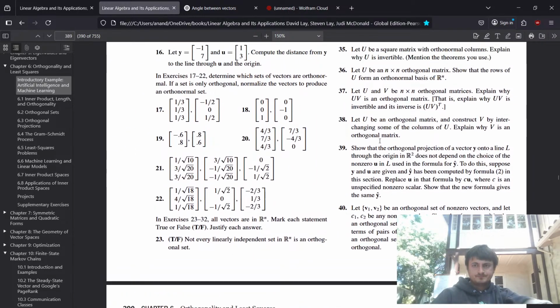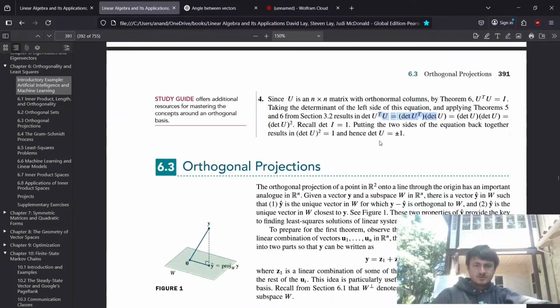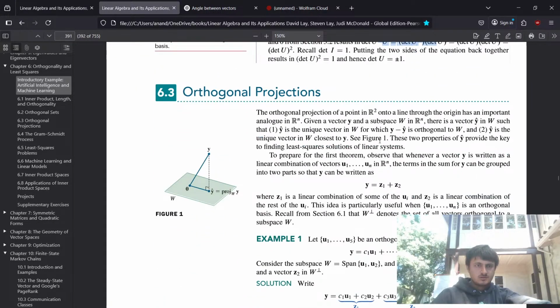Cool. Let's see what's next. Orthogonal projections.